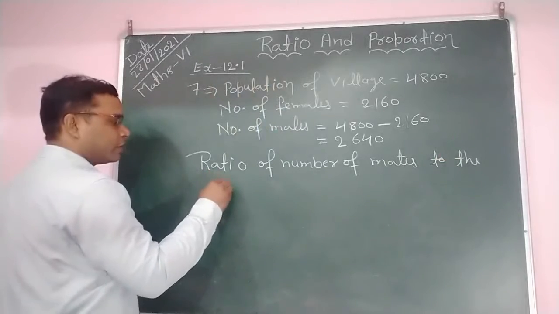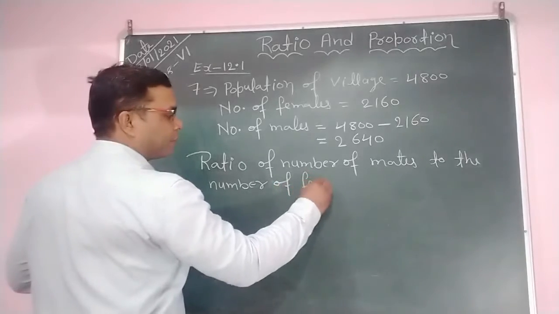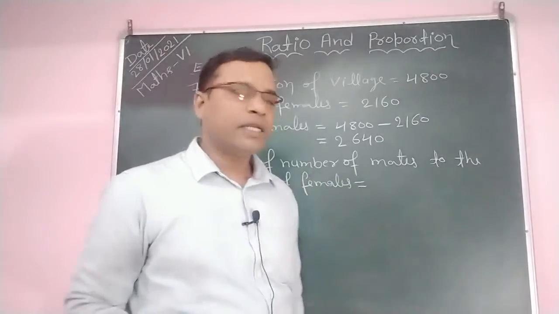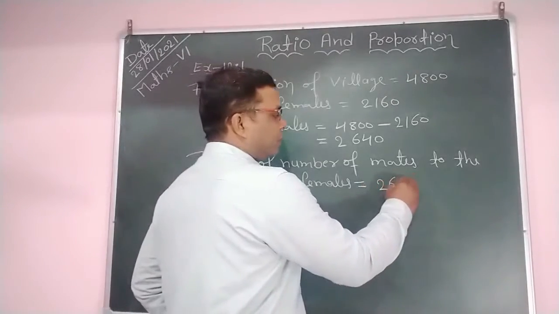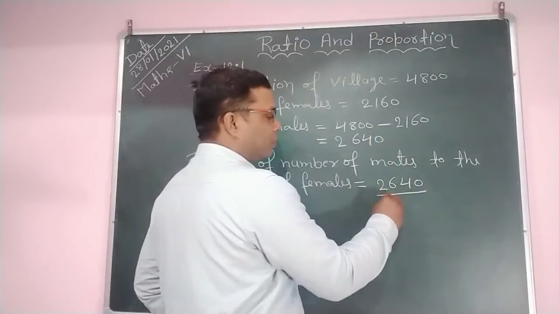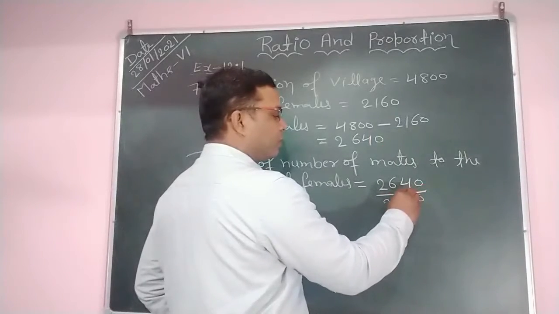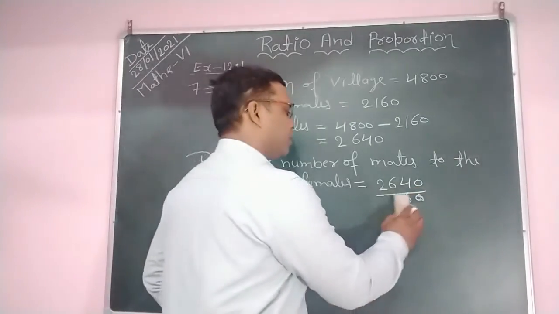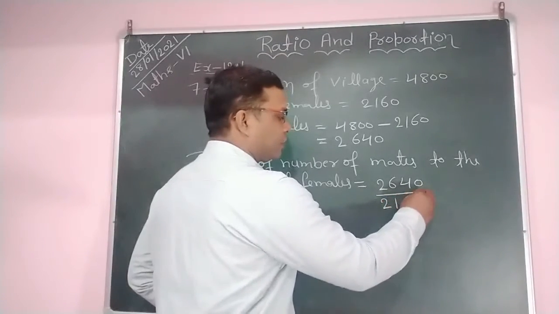The number of males we found is 2,640, divided by the number of females, 2,160. You can cancel 0 by 0.